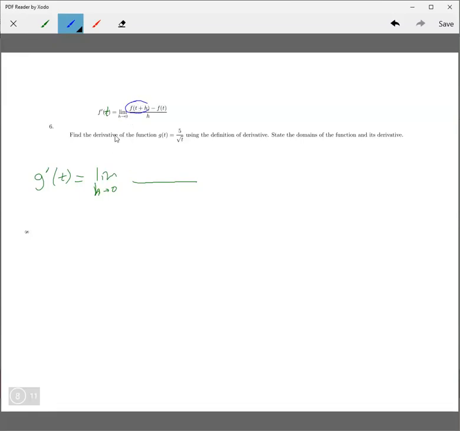So f of t plus h, which would be g of, well, maybe I'll just copy the formula down here. Okay, so let's go this one first. For that one, you want to plug a t plus h in here in place of t.